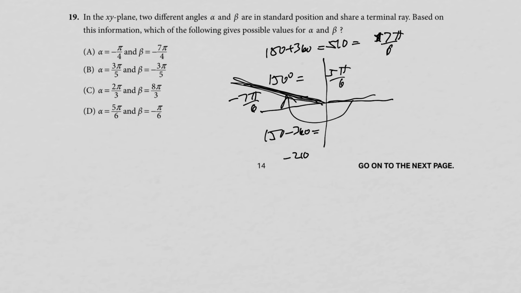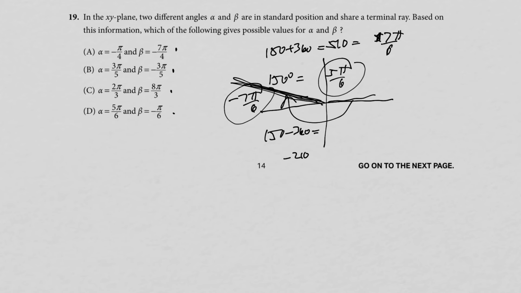I think if you add 2 pi to one of them, you get the other one. And since all these questions have a negative and a positive answer, I'm just going to test what would happen if I add 2 pi to one. Would I get the other?